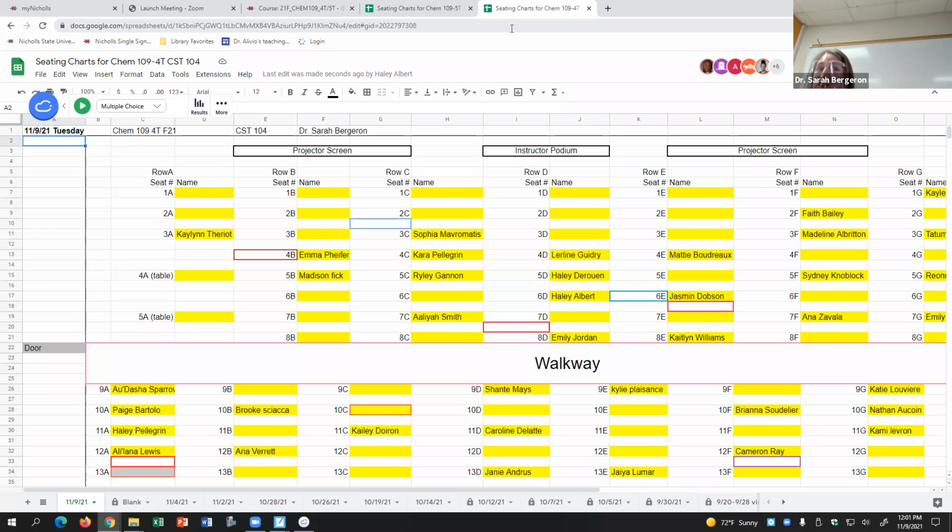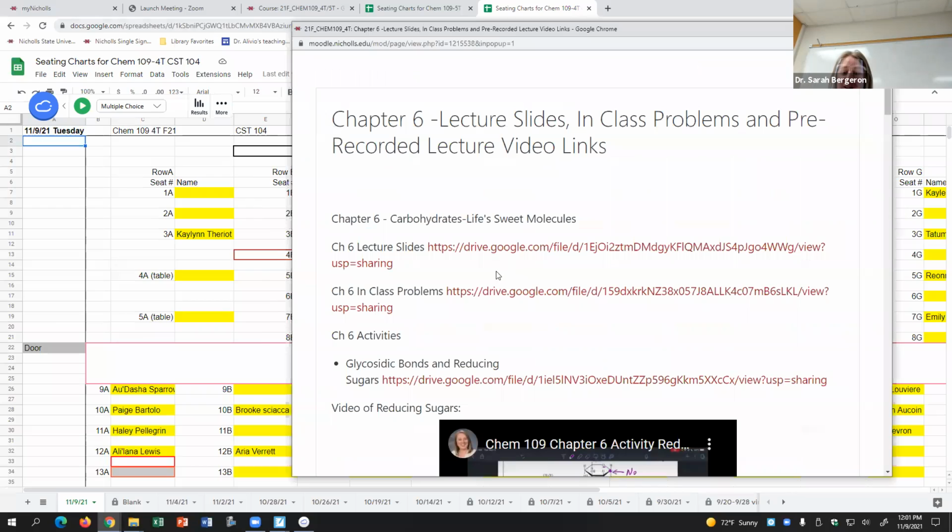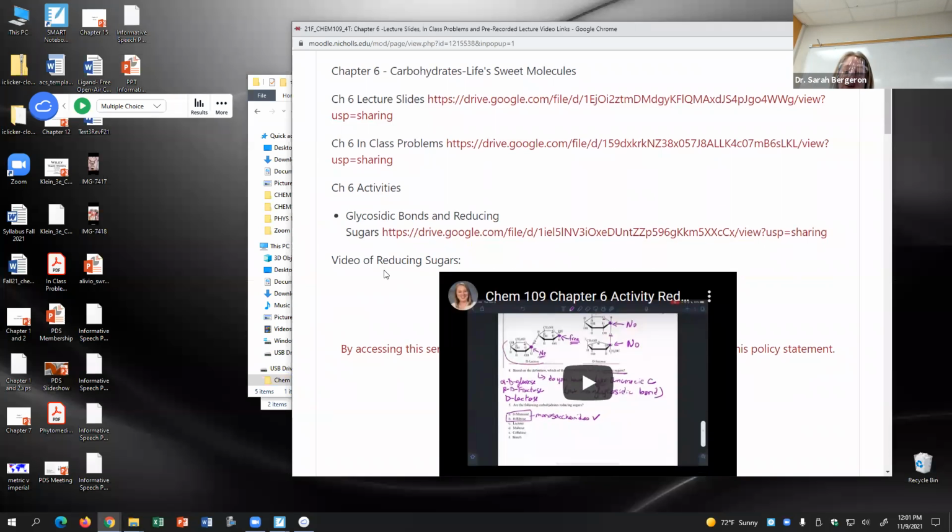We're going to finish chapter 7 today. And we are going to do our i-clicker a little bit later in the class. So make sure you have your i-clicker, but we're not going to start with that today. Make sure you've done your seating chart. And if you're looking for the video of reducing sugars, it's the same place where you find the activity itself in the chapter 6 material.